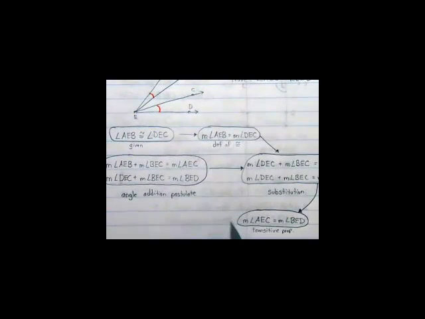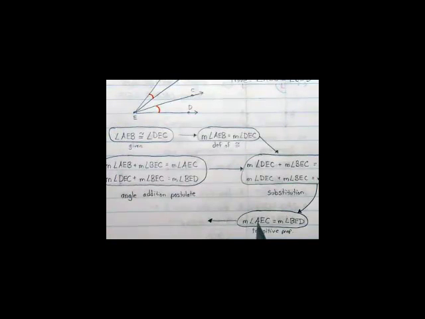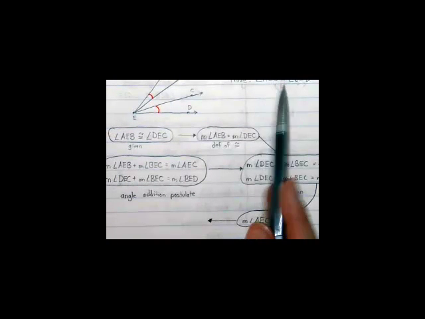Okay, so my proof is kind of flowing backwards now, but it still works. Just follow the arrows. So now, because of that, the measure of AEC equals the measure of BED. Look what I'm actually trying to prove, though. I'm trying to show they're congruent. Well, doesn't that actually lead to that, though, right? If the measurements are equal, then the angles themselves are actually congruent. So I'm done. I can go one more step.